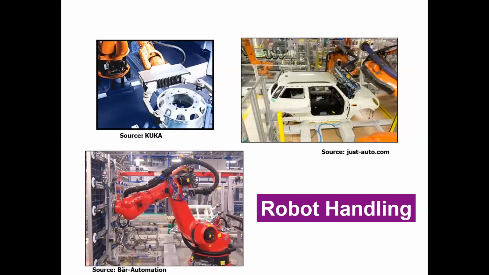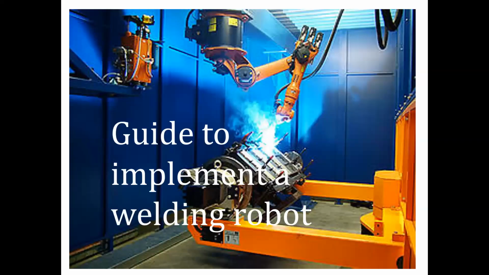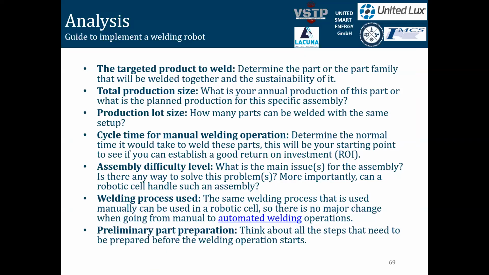But now if your boss is telling you robot, then a deep analysis. What is the targeted product to weld? Obviously you should know which piece to weld. Then what is the product in total? The lot size, time.